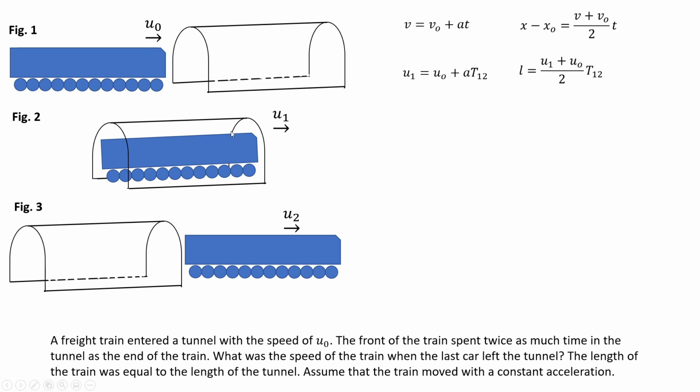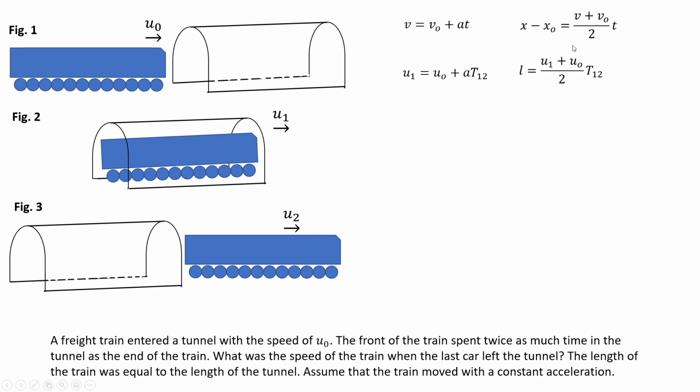Okay? And that time I'm going to denote as t12. It's the time it takes for the train to move within the tunnel. So it's the time that the front end of the train travels within the tunnel. Okay?